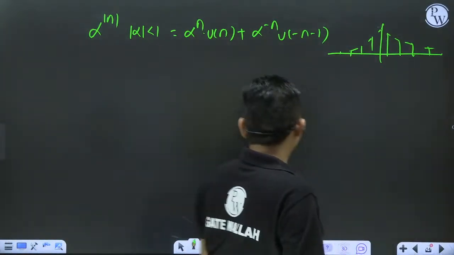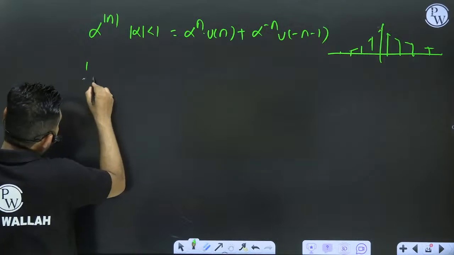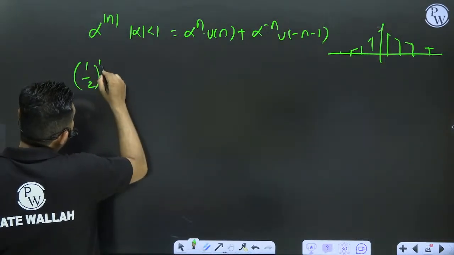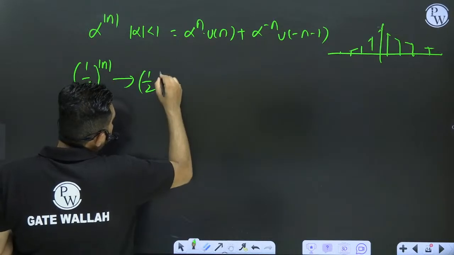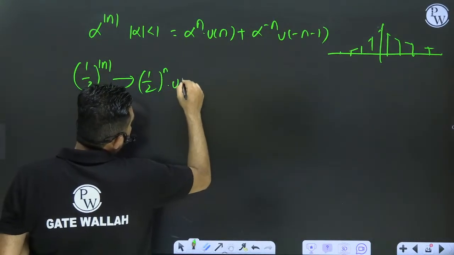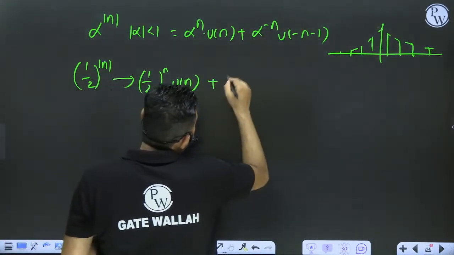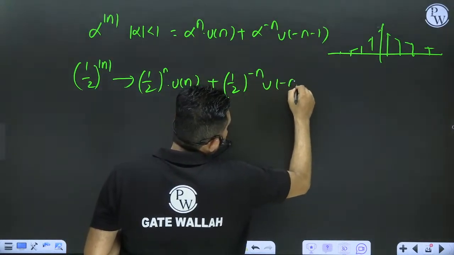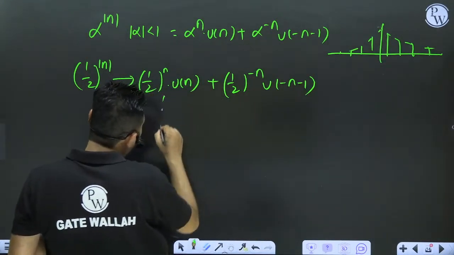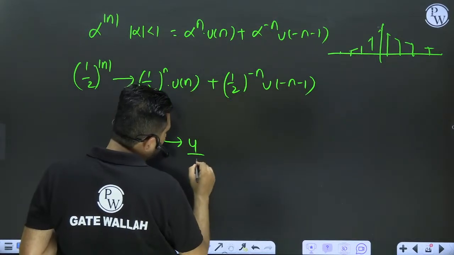Is it clear? So now we are asked to find out the energy. So 1 by 2 mod n. The energy is nothing but this can be written as (1/2)^n u[n] plus (1/2)^(-n) u[-n-1]. And the energy we already found out to be 4 by 3 joules.